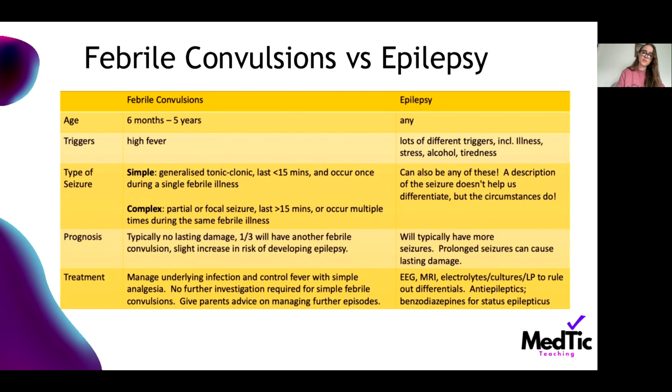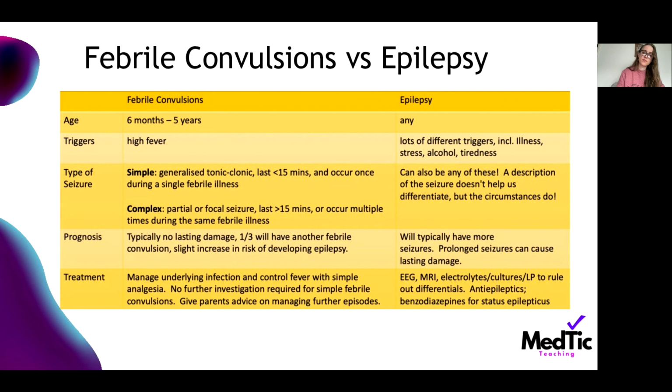And because this is the case, they are unlikely to have any lasting damage, and as long as we control the fever and manage any underlying infection, no further investigation is required. But you do need to give some safety advice for parents on what to do if there is another seizure in the future. We call febrile convulsions complex if it's a partial or focal seizure, if it lasts a long time, or if it happens several times within the same illness.